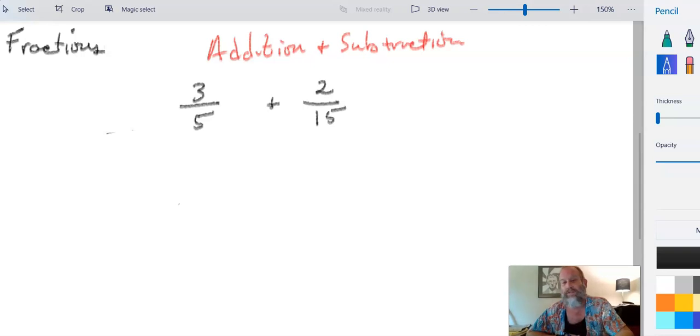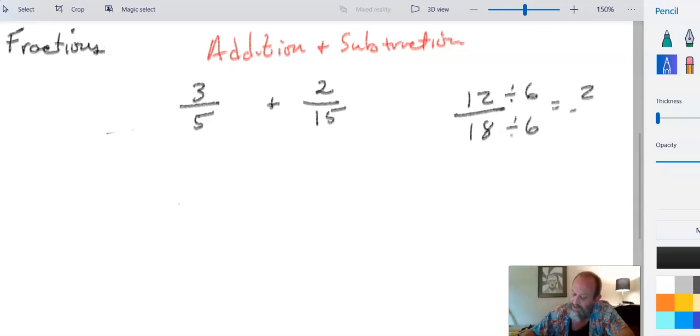And so the process is actually the reverse of reducing. When I'm reducing, if I have something like 12/18, I'm dividing the numerator and denominator by something, right? That gives me 2/3. But if I'm going to find a common denominator, typically I'm multiplying the numerator and denominator by the same thing.